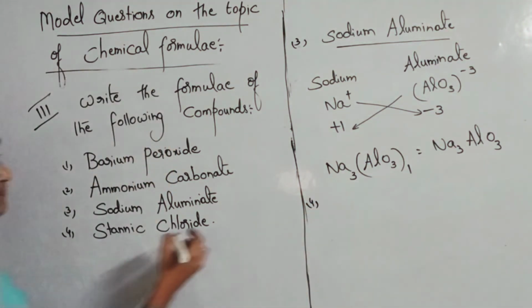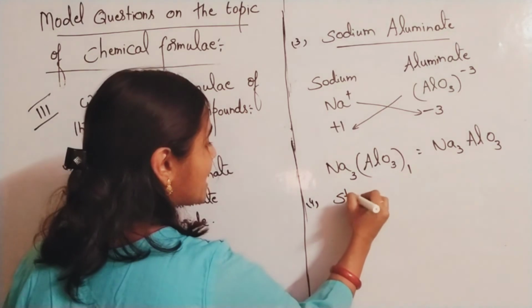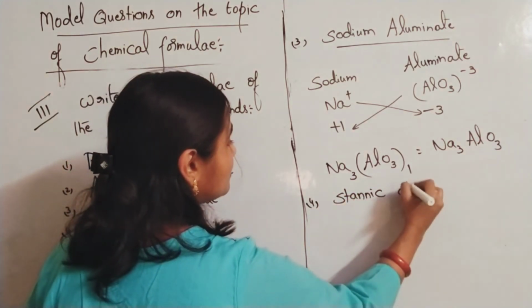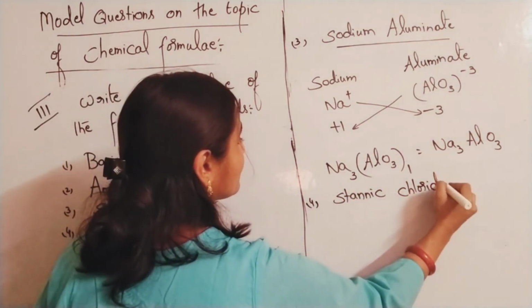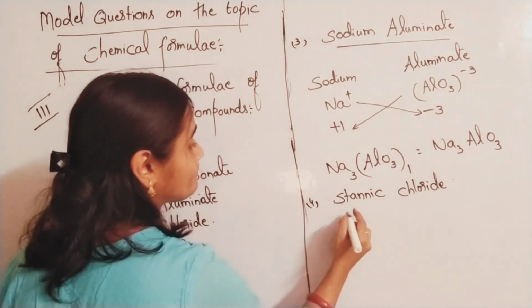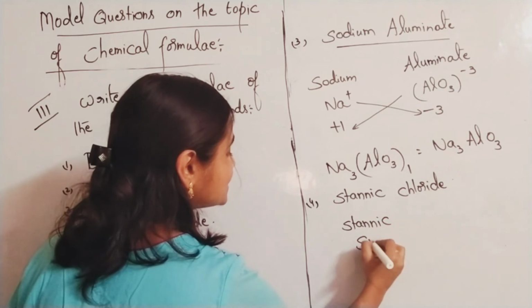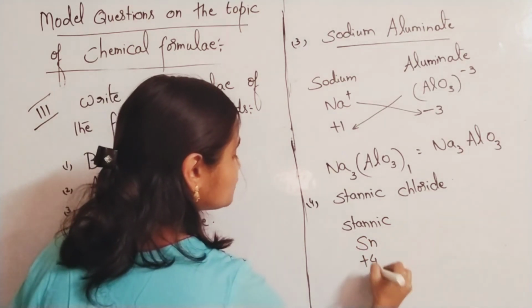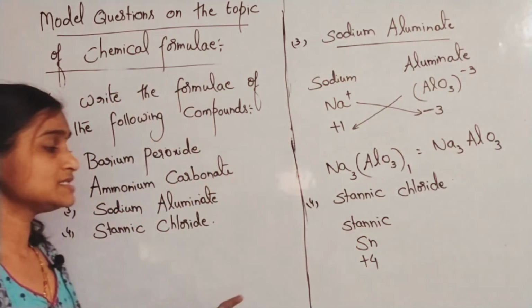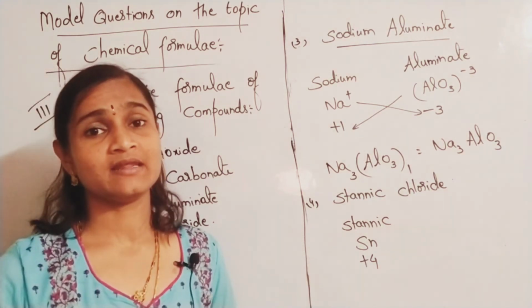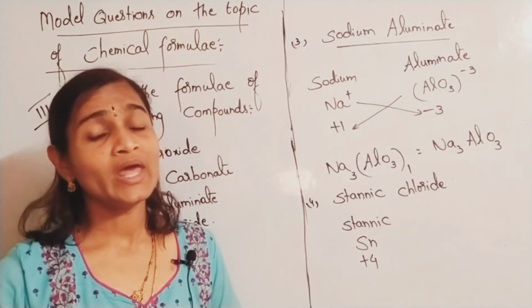Stannic chloride. Stannum, did you remember? Stannum, stannic chloride. Okay, stannic, Sn symbol, charge is +4. Please remember, stannous is there, stannic is there. SnCl2, SnCl4.